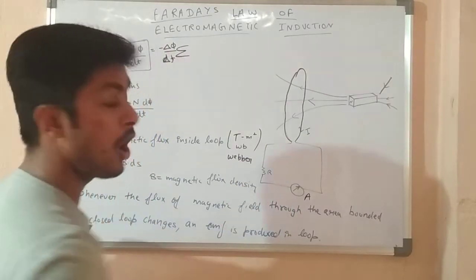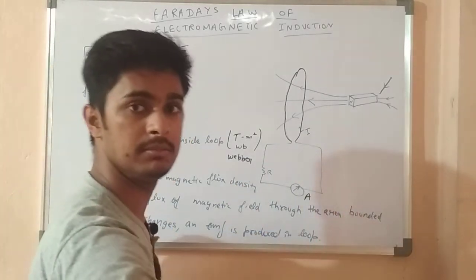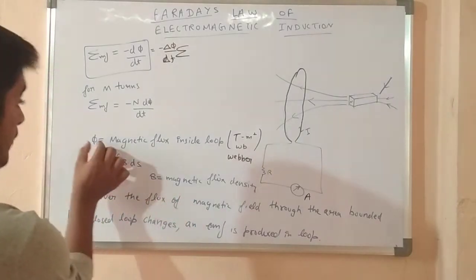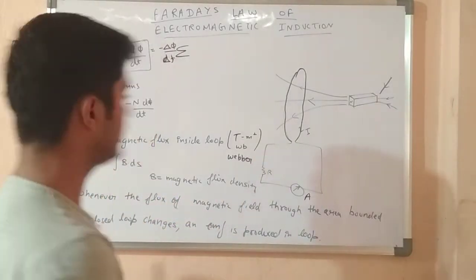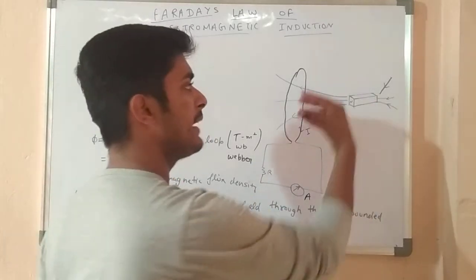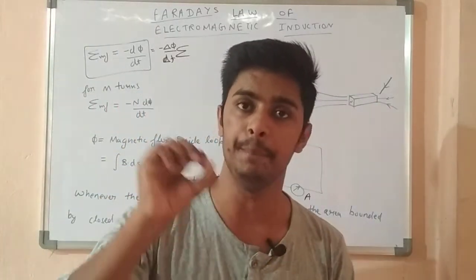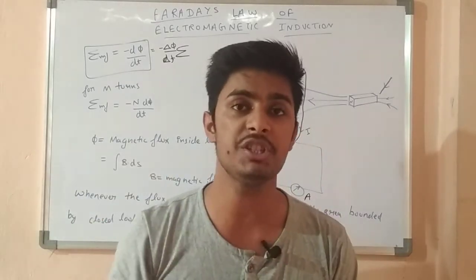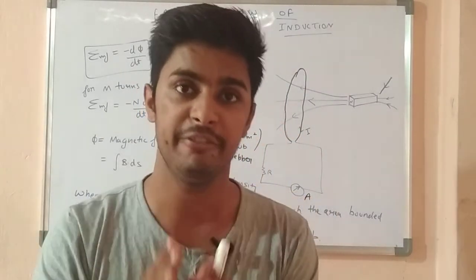Weber, or Tesla meter square. And we can find this magnetic flux by using this formula: magnetic field density B, at a particular point, multiplied by the area through which we need to find the magnetic flux.